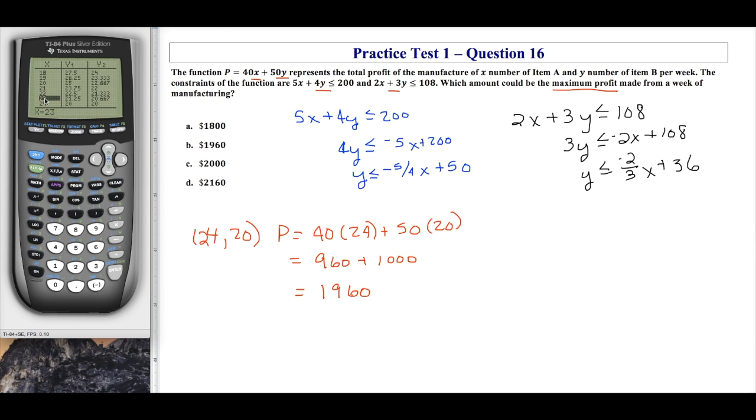When x is 23, the highest value for y that works in both inequalities is 20, and that's not going to give us a greater profit. Going down to x is equal to 22, our highest integer value of y is 21. So let's try the integer pair 22, 21.